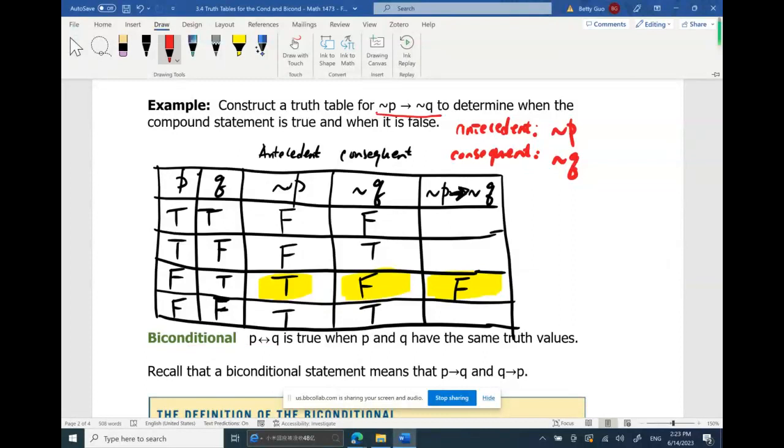How do I remember that? I recommend you remember it as trusted friend: true, false, false. TFF.